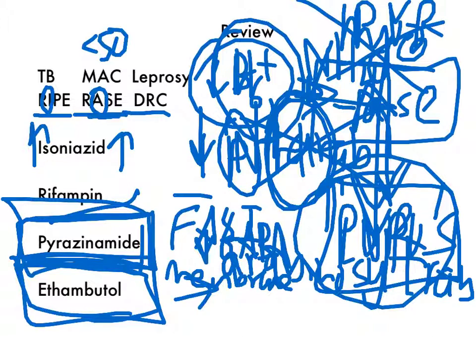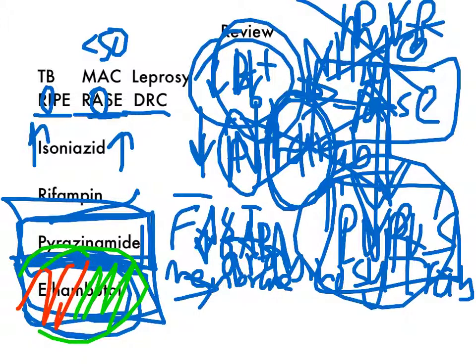So let me just draw that here. Red-green color blindness is important for ethambutol. And again, remember, you have rifampin over here, which is causing the orange discoloration of body fluids, and you have ethambutol, which is causing that red-green color blindness. Sorry, red-green color blindness. And that is it for all of the TB drugs.